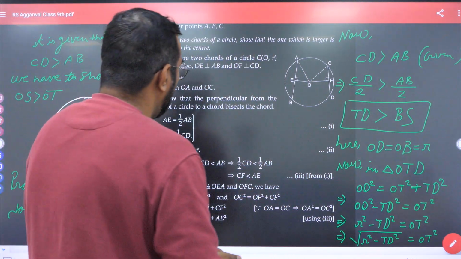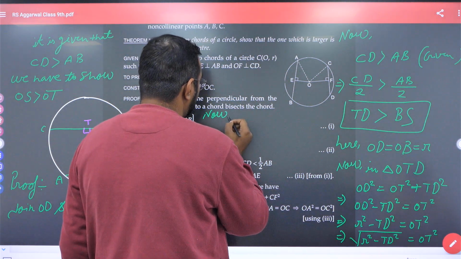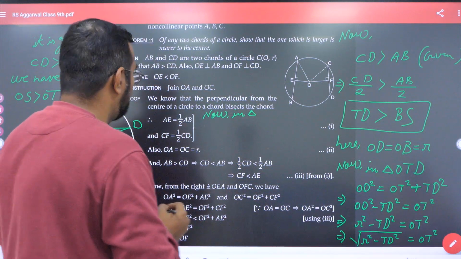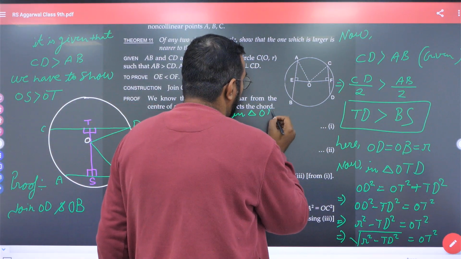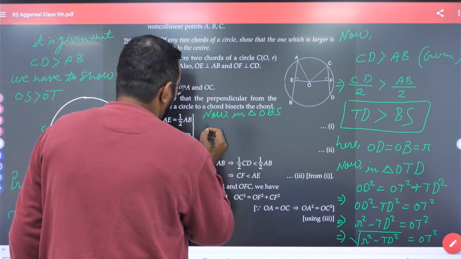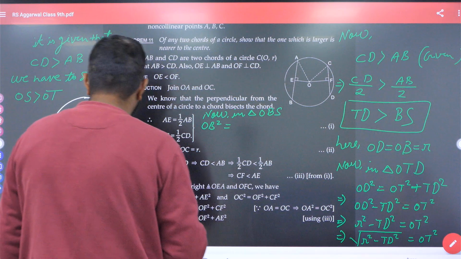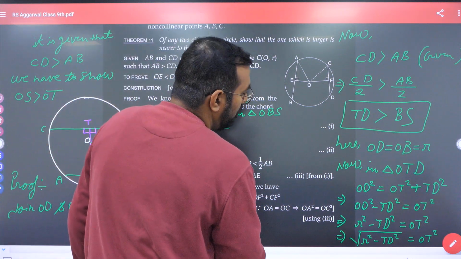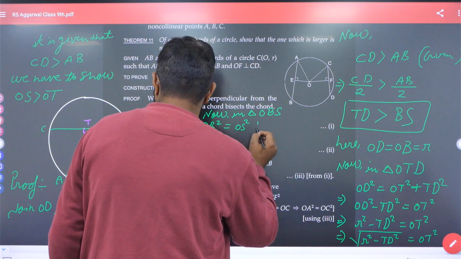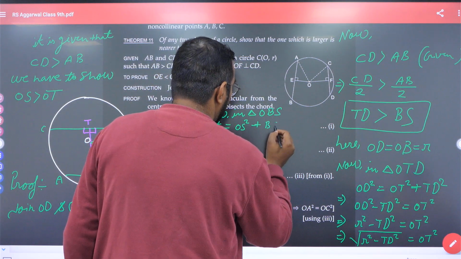Okay, so now in triangle OBS we will apply Pythagoras theorem. In triangle OBS, OB का स्क्वायर इज इक्वल्स टू OS का स्क्वायर प्लस BS का स्क्वायर, राइट?